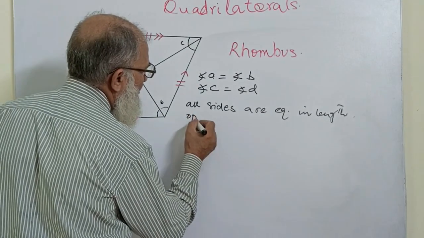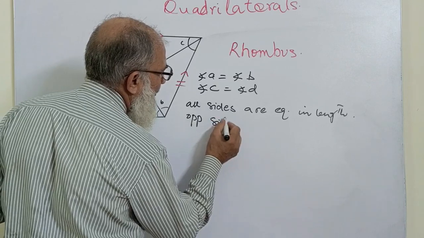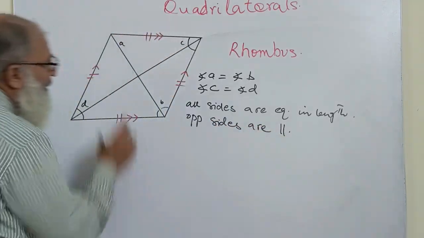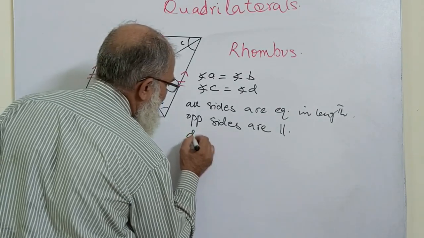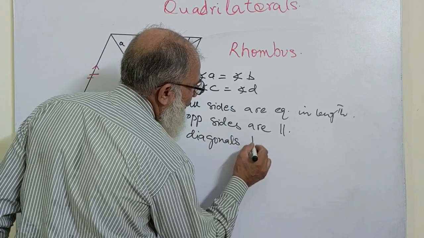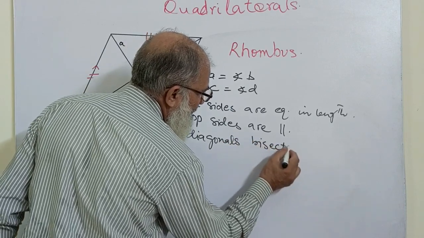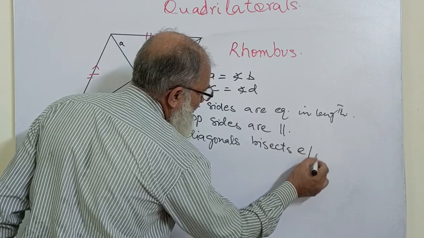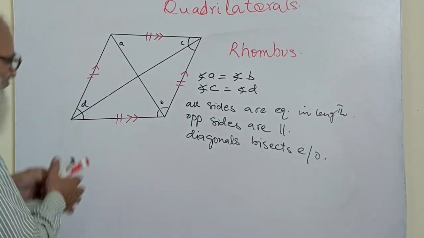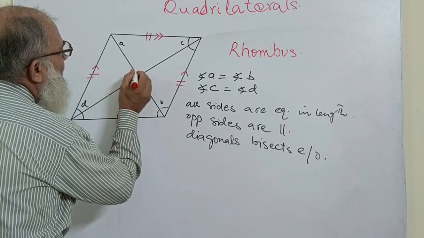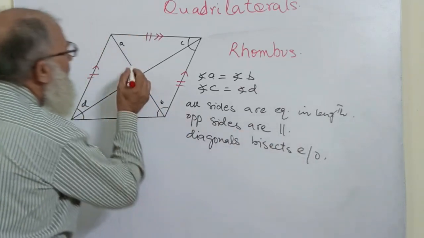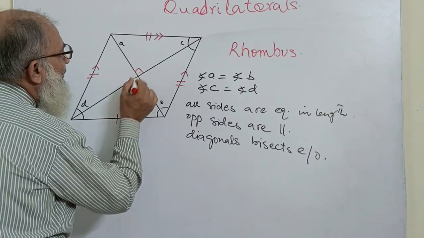Opposite sides are parallel. The diagonals bisect each other. Now there is one unique property over here again, that when the diagonals bisect each other, they bisect at 90 degree.